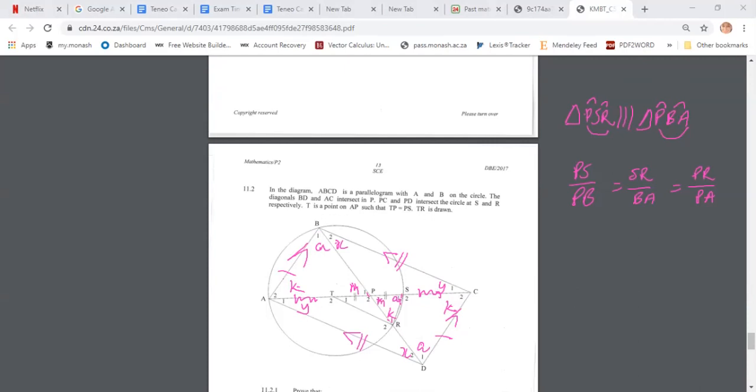Now that's interesting, isn't it? Because it would be small over big, wouldn't it? In this scenario. But we don't know if these two lines are parallel, do we? And they're saying you must prove TR over AD equal to PR over PA.